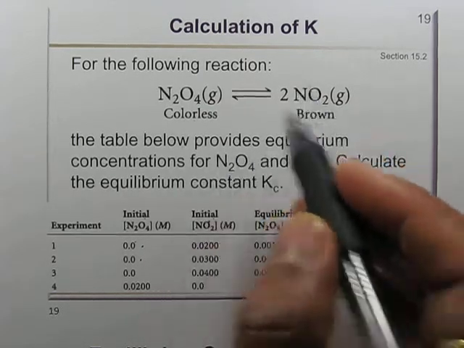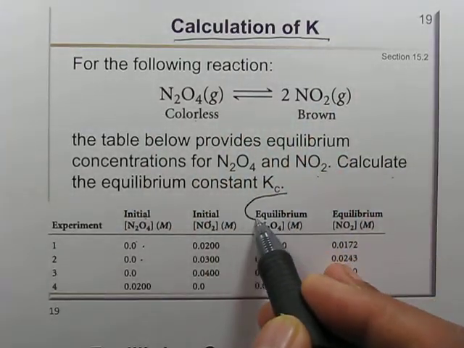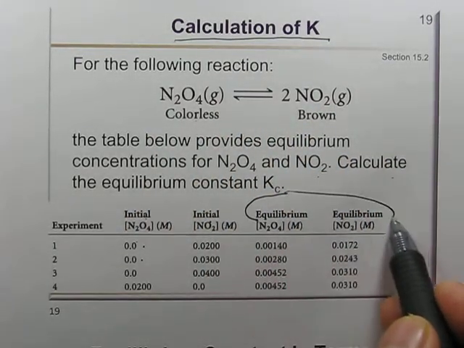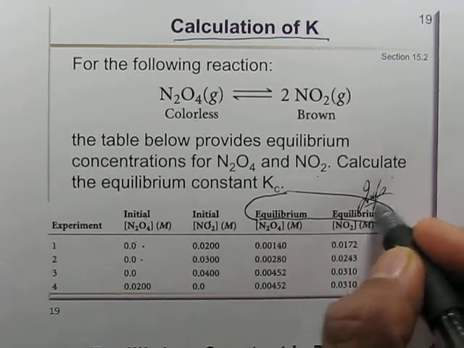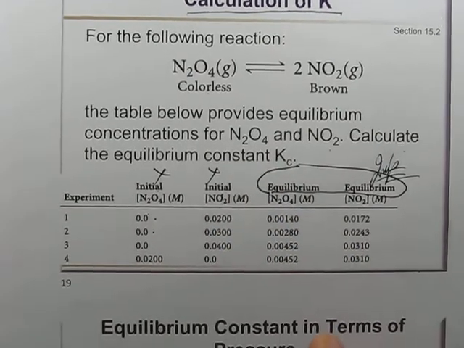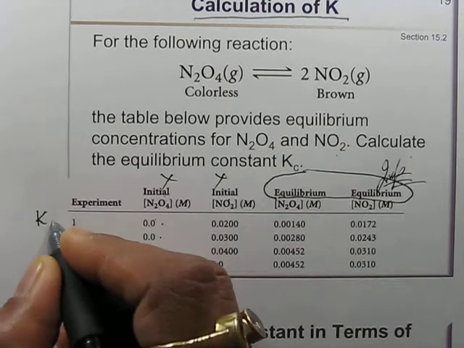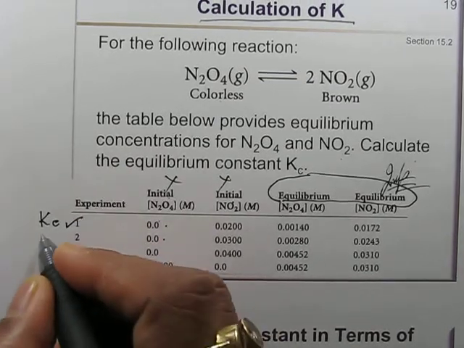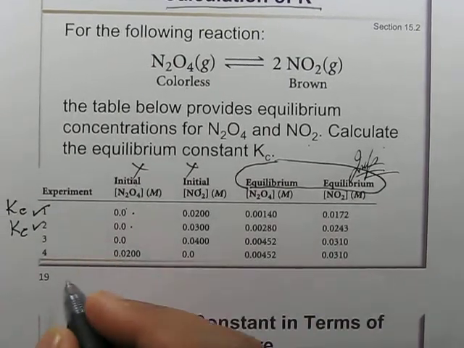In the calculation of K we always use equilibrium concentrations. These are important, right? We don't use the initial concentration. So we can calculate Kc for experiment 1 and Kc for experiment 2. Let's see what we can do.